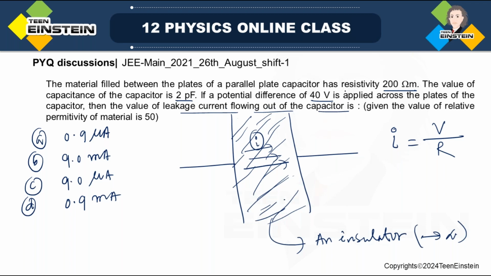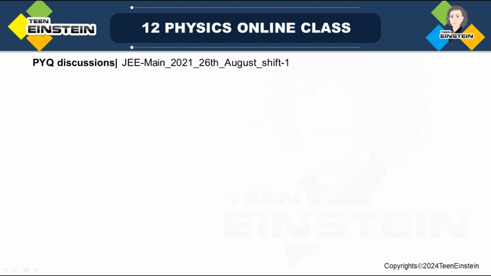And here, the resistivity of the material is given. So leakage current I is equal to V by R, and I can write this V as electric field into d, right? And electric field is actually sigma by K.